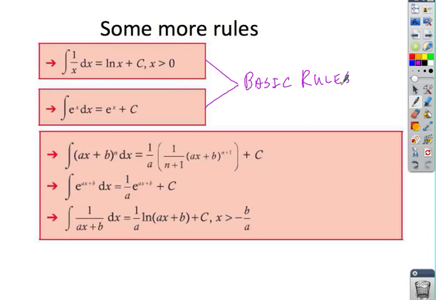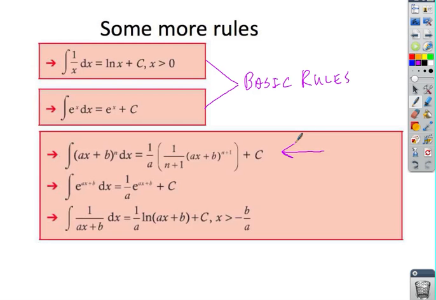And the box on the bottom involves linear arguments. And that means the part in parentheses is a linear expression. Again, notice what happens. If the argument is linear, the rule is the same, as you can see in the first example, except what you're also going to do is divide by the coefficient a in the linear expression.